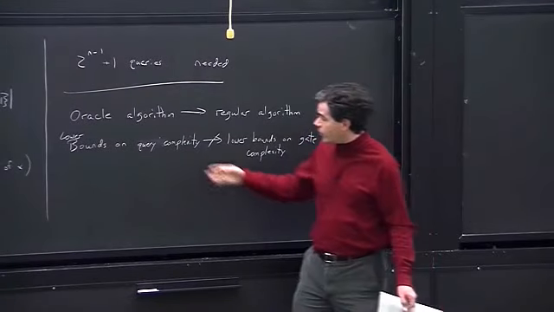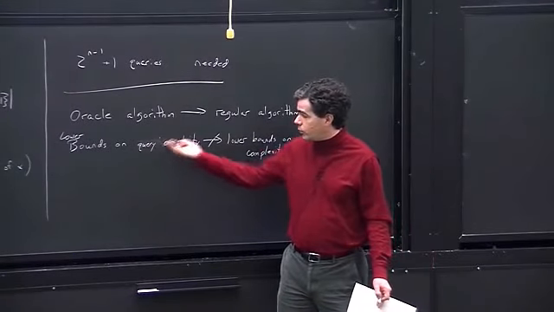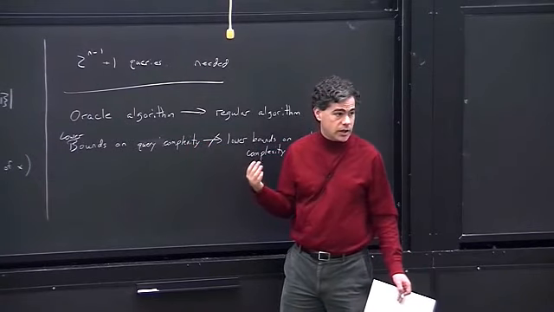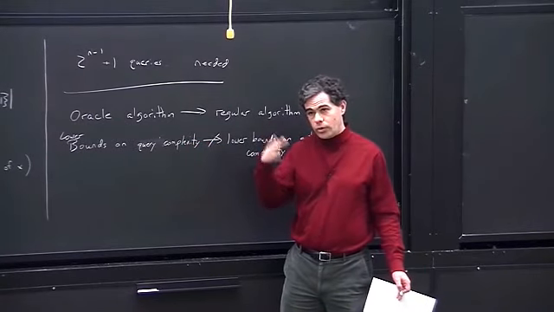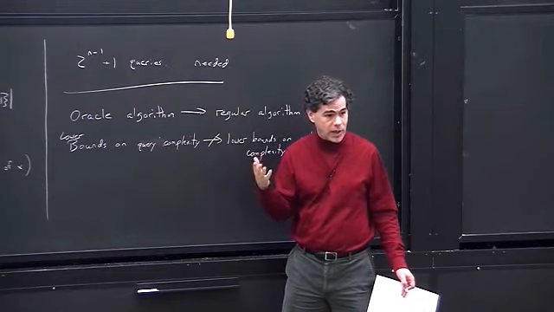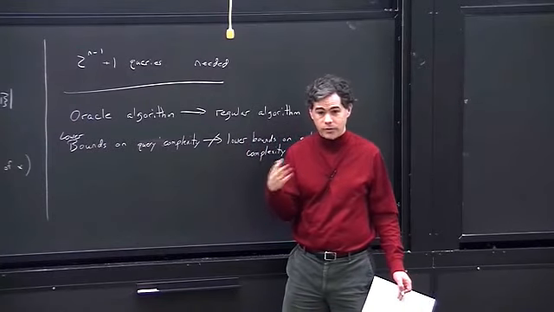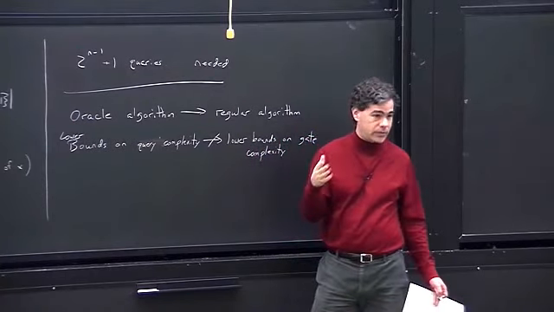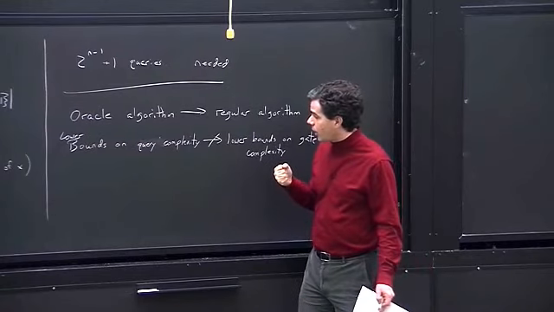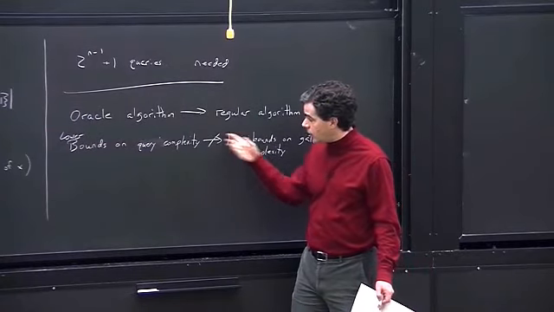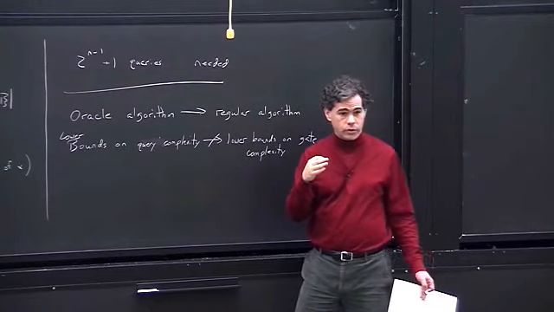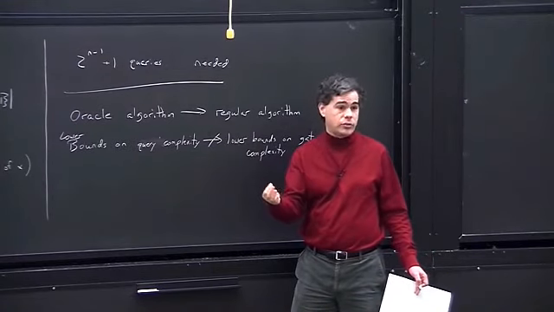Anyway, despite this, people like to prove lower bounds on the query complexity. It sort of gives you some guidelines for what to expect about the complexity of other algorithms, even if it's not actually telling you definitely. And it can definitely guide you towards how to find those algorithms, right?